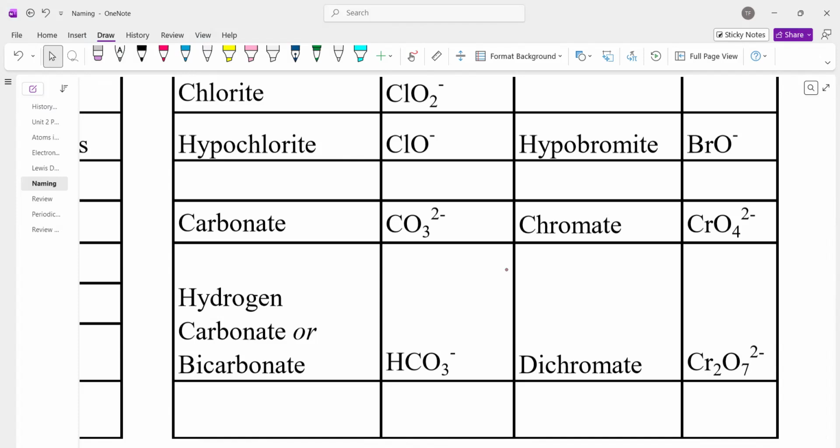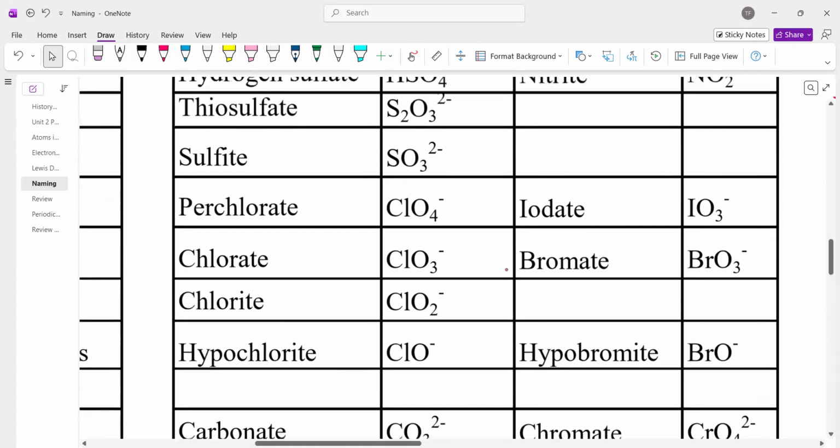So this is a carbonate part up here. But you'll frequently see, particularly in agricultural products and food products, bicarbonate of soda. So it's hydrogen CO3, but you'll see it both ways.